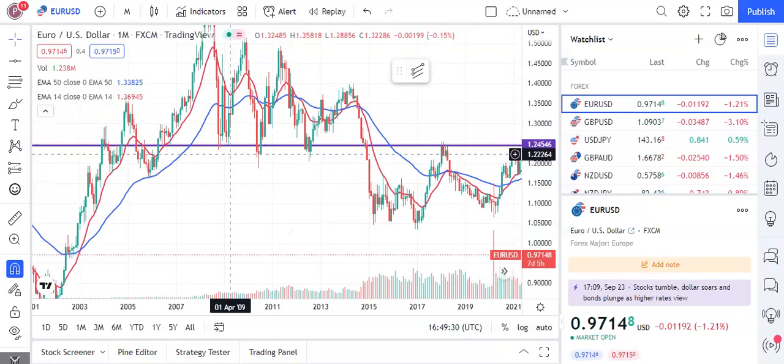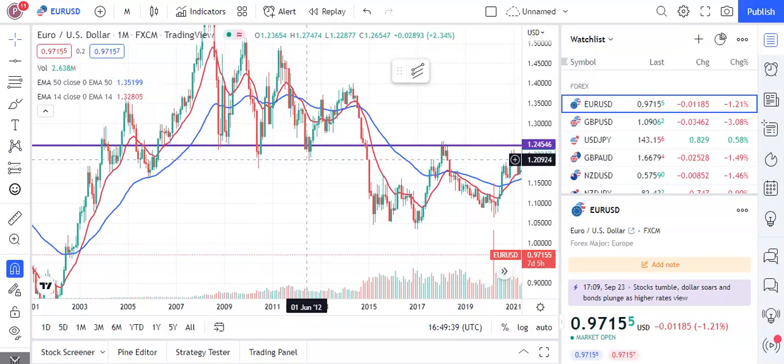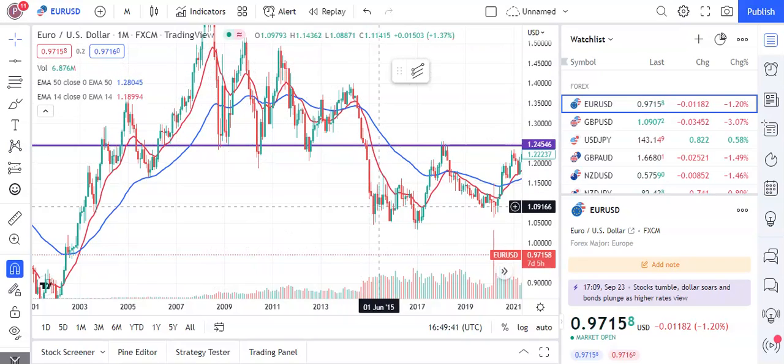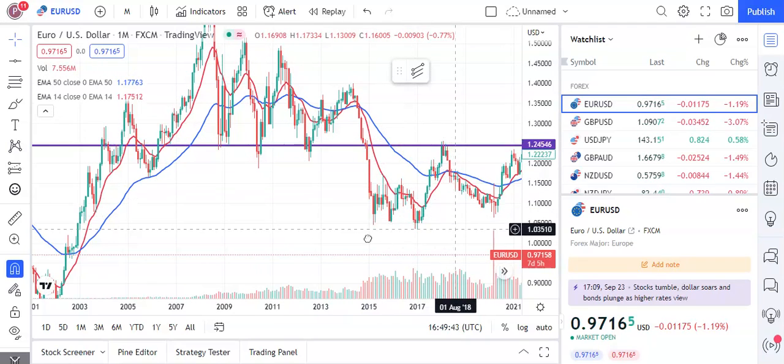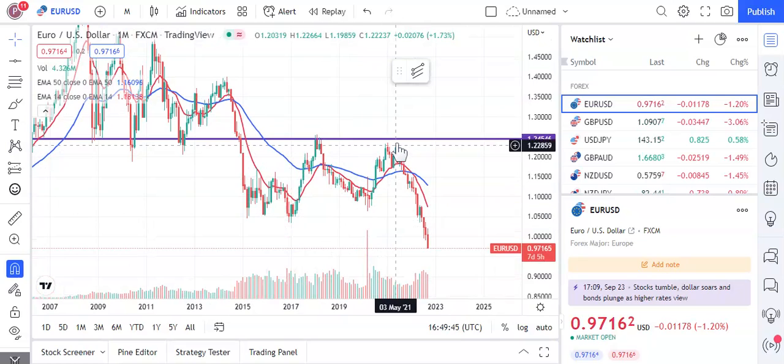Price has retested this area in the past. Price came from up, dropped here, found support, went back up, came back, found another support, went back up, came down, found support, went back up, broke it down, went back up, found resistance, came down, went back up, found resistance. This is exactly what I'm talking about.